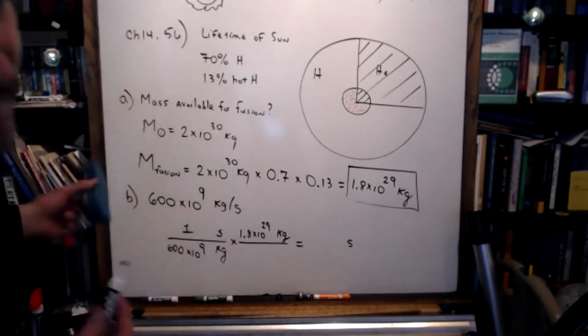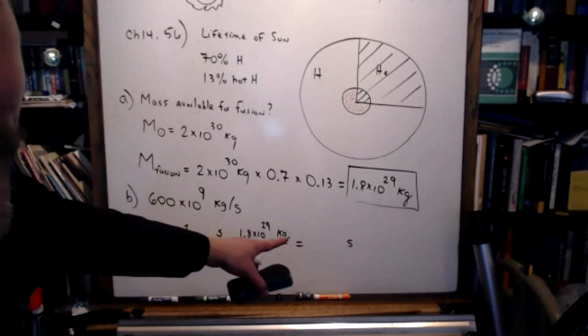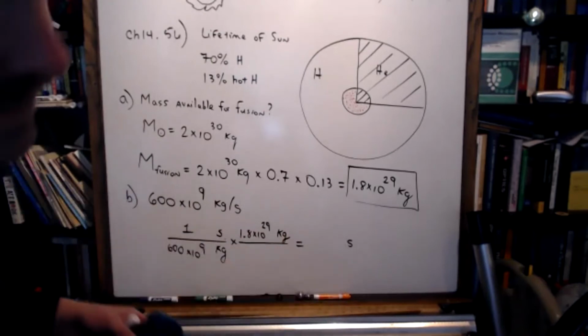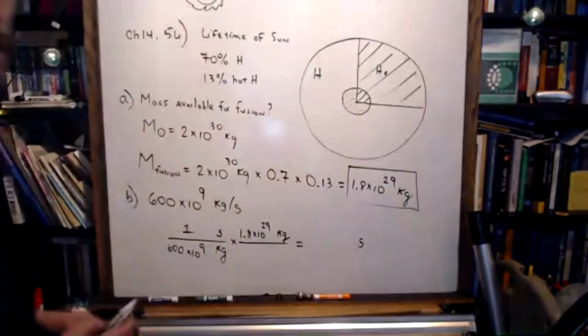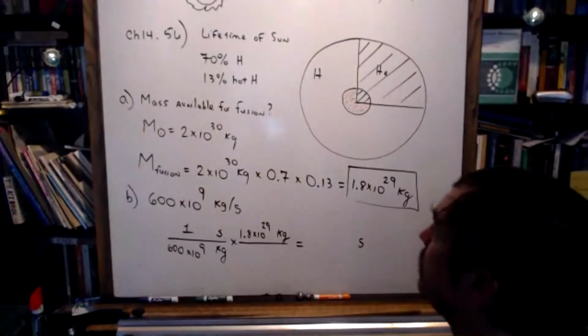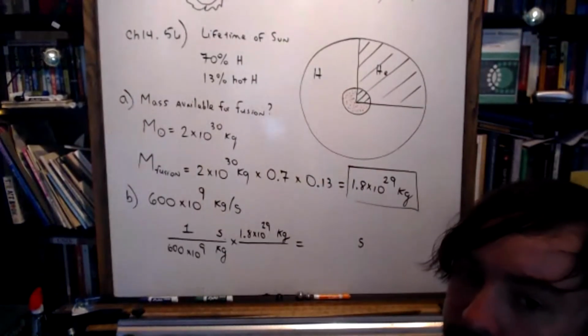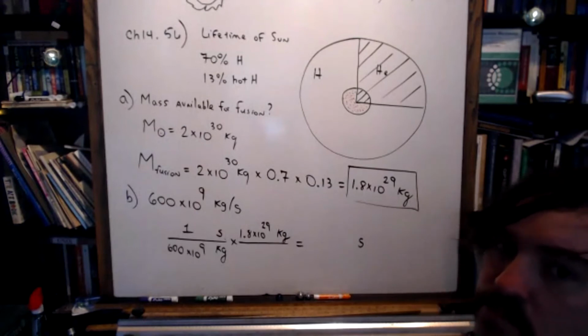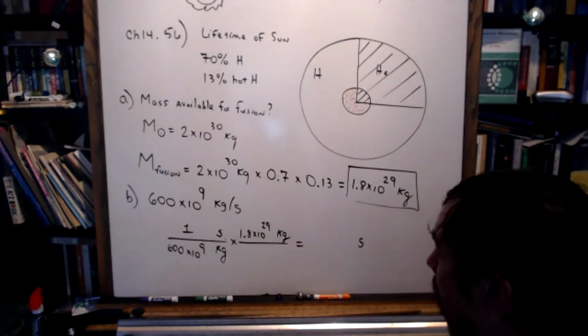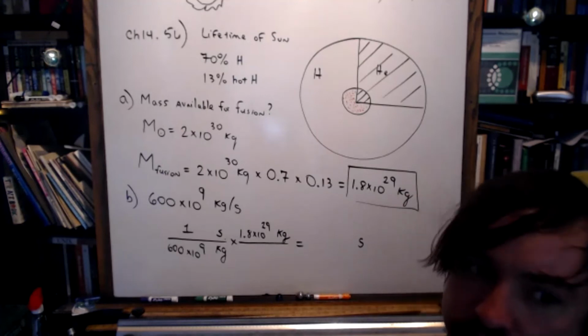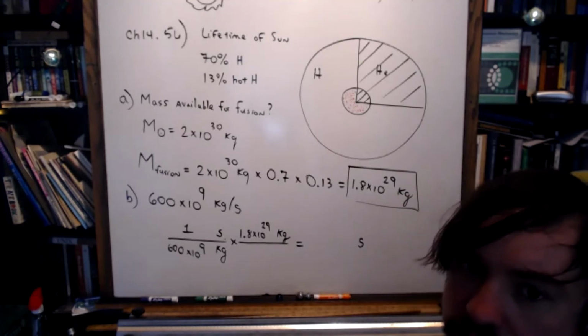Okay, so in other words, if we divide the mass by the rate, that'll give us the time. Go ahead and punch it, guys. Uh, 3 times 10 to the 17 seconds.